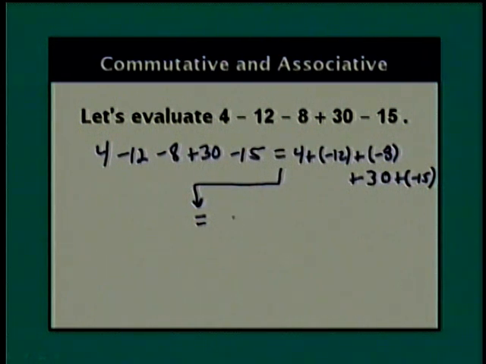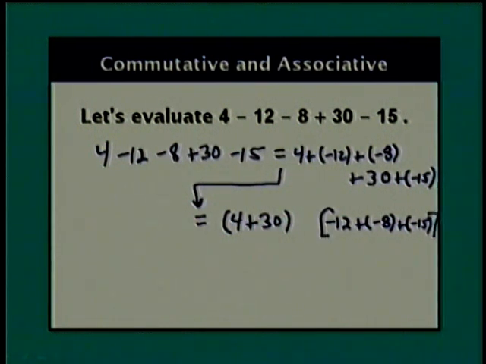So I'm going to take the 4 plus the 30, and add those two numbers together. I'm going to take the negative 12, the negative 8, the negative 15, and add those three numbers together. And then the last thing I'm going to do is add those two results.